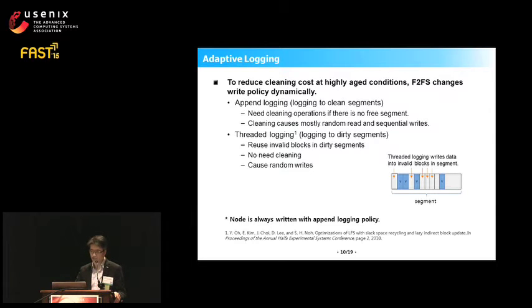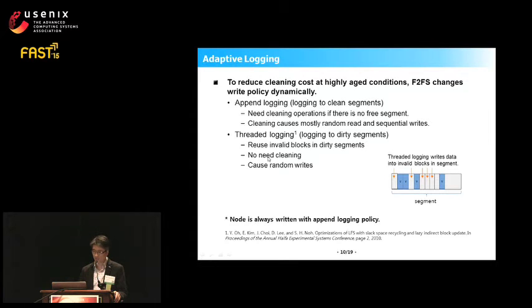But it causes random writes because the dirty segment has sparse free space, but it still has better performance compared to the other file systems. I will show the evaluation results in the following slides. We have to notice that the node is always written with the append logging policy here.